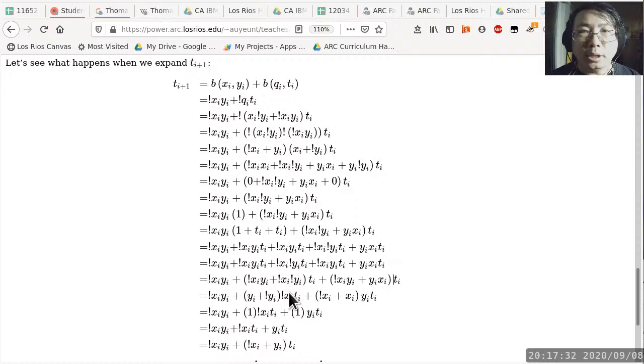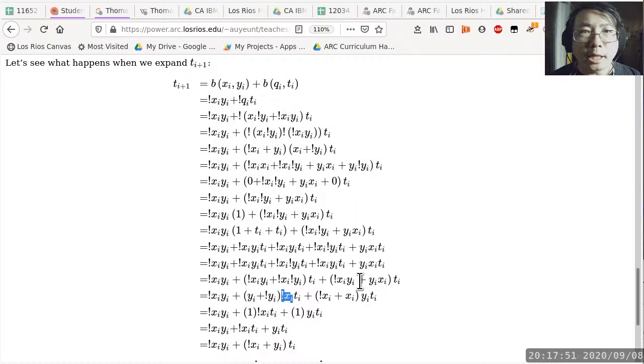And then from here to here, it's another level of factoring, because we can see that not xi is common to both terms in the disjunction. So the not xi gets factored out of the disjunction.